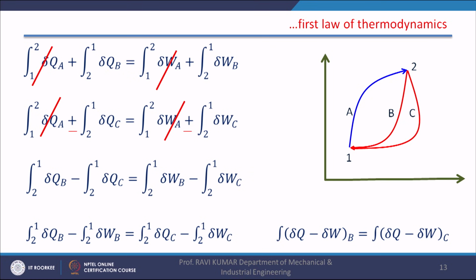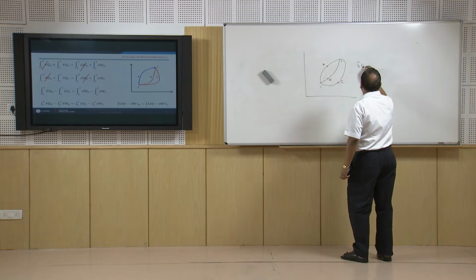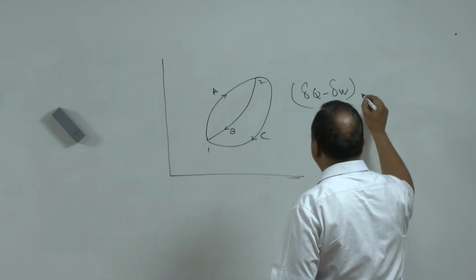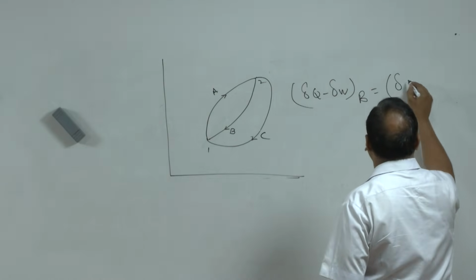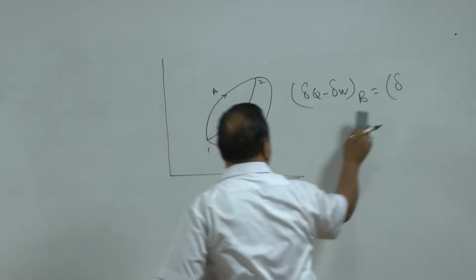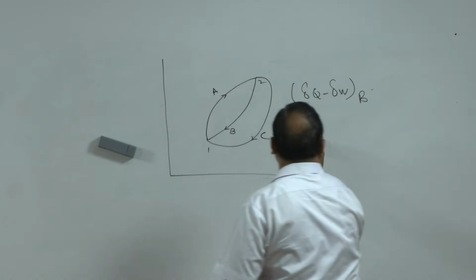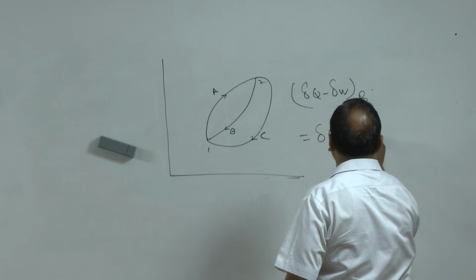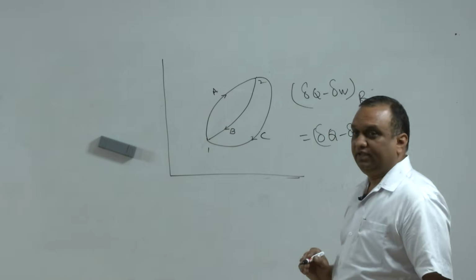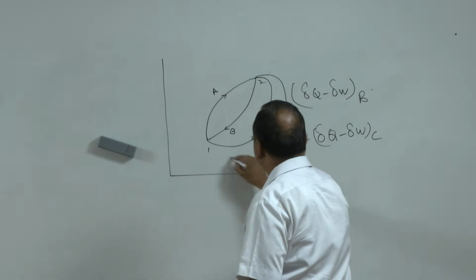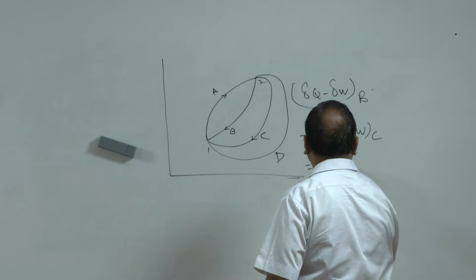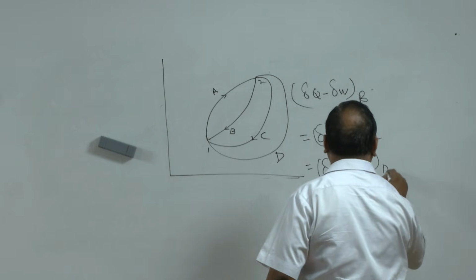And if you manipulate it again, you can have the integral from 2 to 1 of delta QB minus the integral from 2 to 1 of delta WB is equal to the integral from 2 to 1 of delta QC minus the integral from 2 to 1 of delta WC, or delta Q minus delta W through B is equal to delta Q minus delta W through C. In a similar fashion, we can prove that if there is another path D, then delta Q minus delta W through D is also equal. So, all these three are equal.